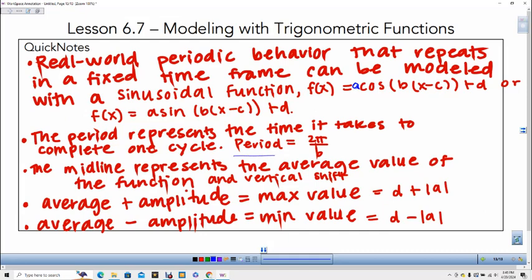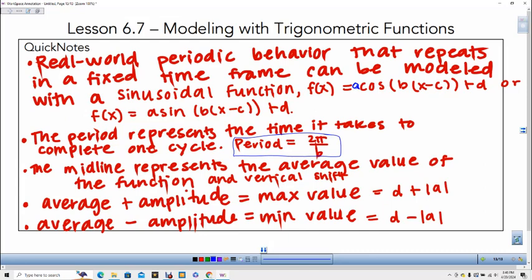Period is still exactly the same as it was in the last section, 2 pi divided by b. And the midline represents the average value of the function and the vertical shift. The original sine function has a midline of 0.